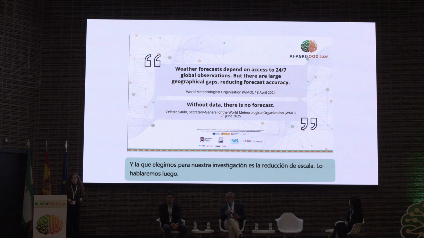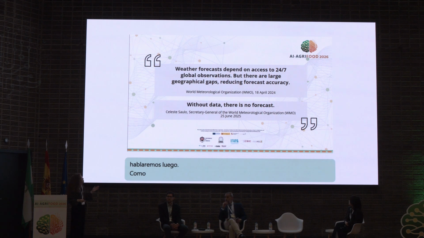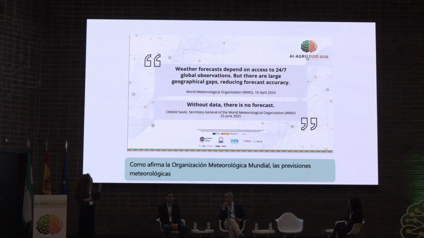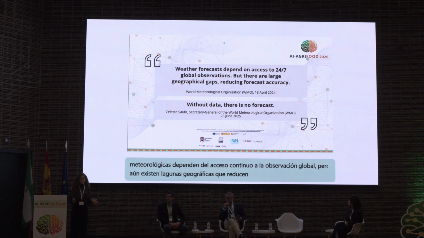As the World Meteorological Organization states, weather forecasts depend on continuous access to global observation, but there are still geographical gaps that reduce the forecast accuracy. Or as Celeste Saulo said, without data, there is no forecast.